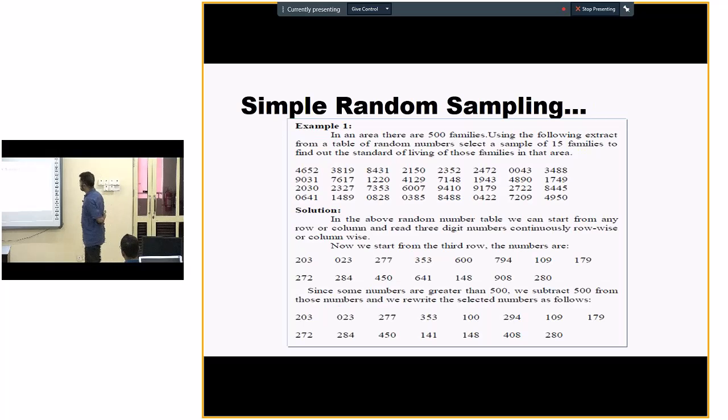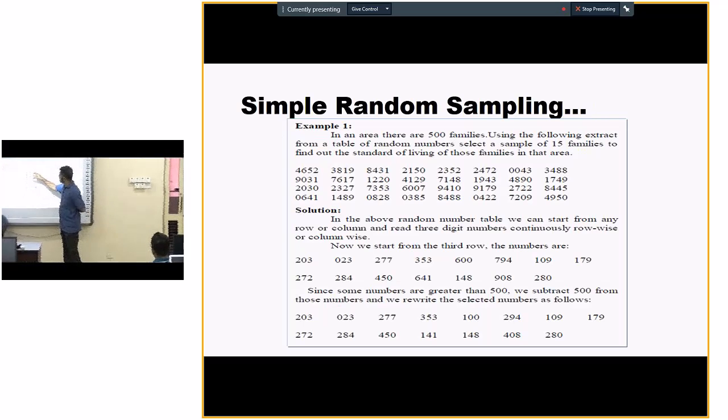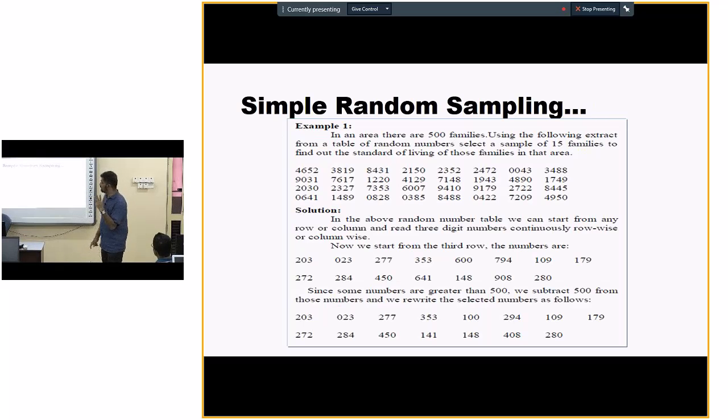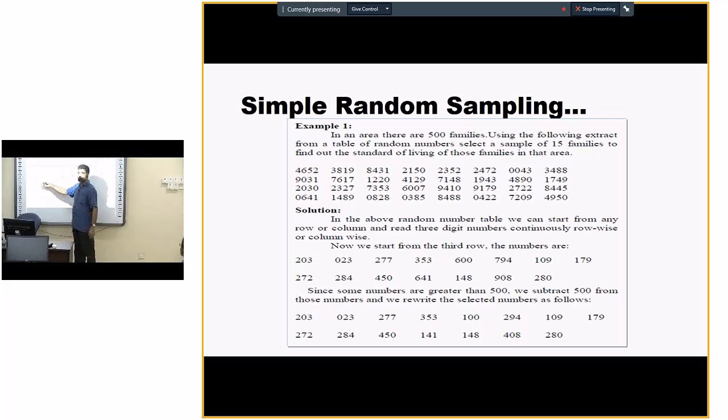First of all, we have to identify the number of digits in the population. Now we have 500. How many digits? 500, 3 digits, right? Then we can start from any number at this point, vertically or horizontally. We can follow, but we cannot miss any numbers in between. If I start from here, I can follow 465.